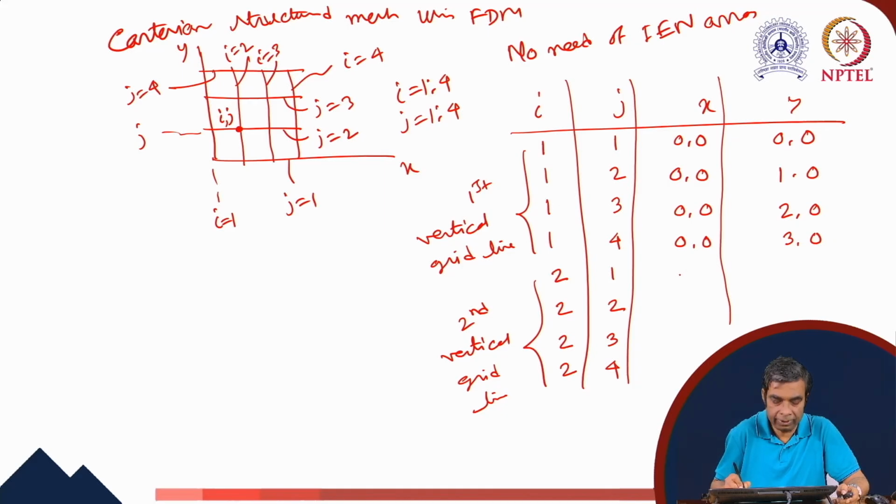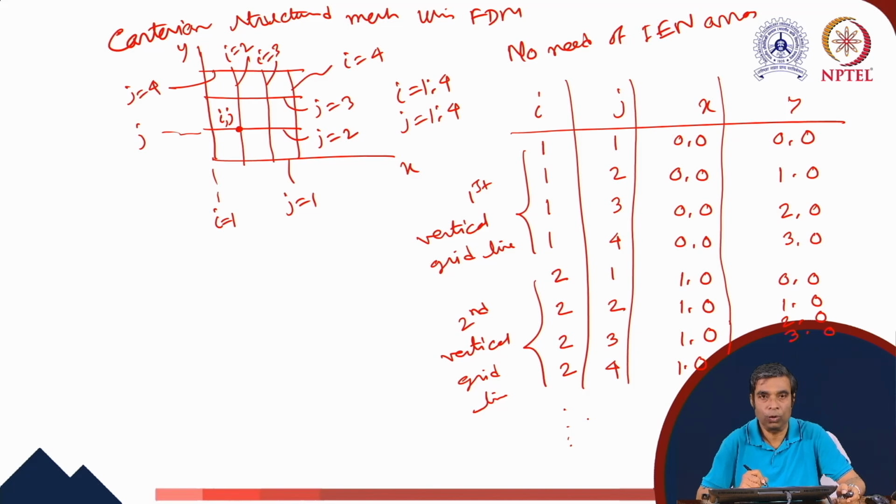So this is delta x is 1.0. So all values are 1.0, 1.0, 1.0. And here the y coordinates are 0.0, 1.0, 2.0, and then 3.0. In this manner, we can go to I equals to 4 and we can get all the data in terms of I and j, and then we can construct the mesh. So this shows the formation of the Cartesian structured mesh.